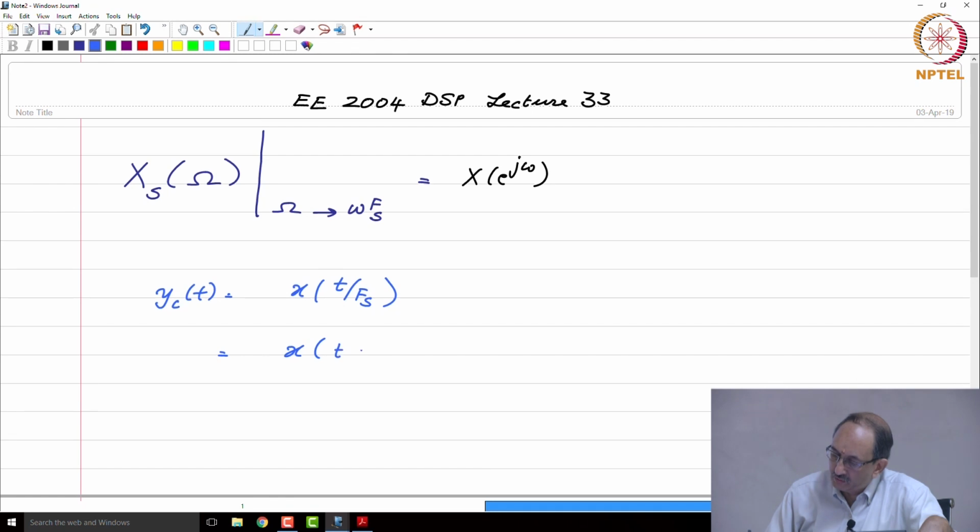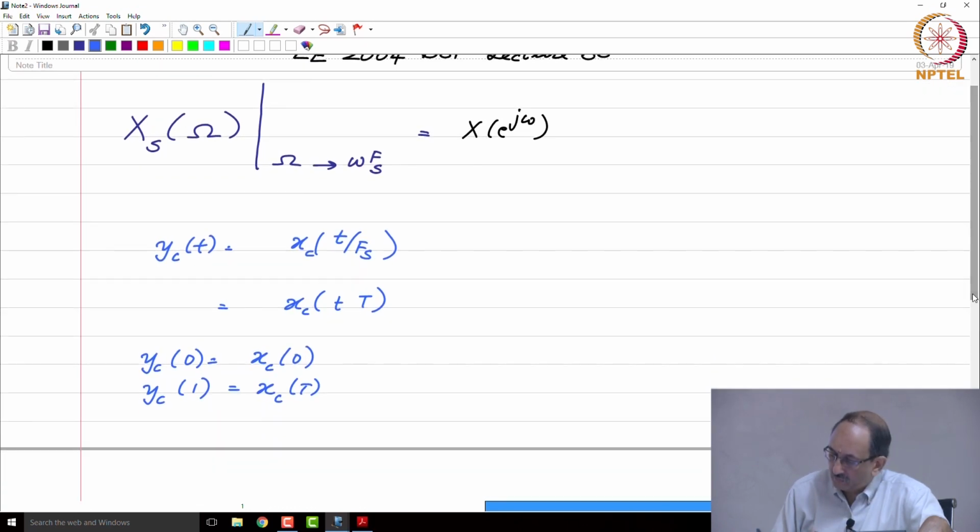Therefore, this is really t times cap T, and notice that yc of 0 is xc of 0, and yc of 1 is xc of T, yc of minus 1 is xc of minus T.